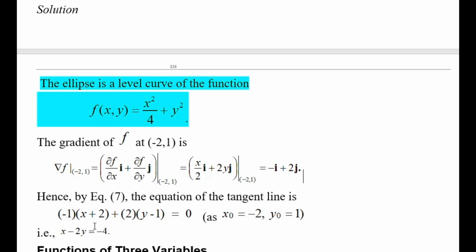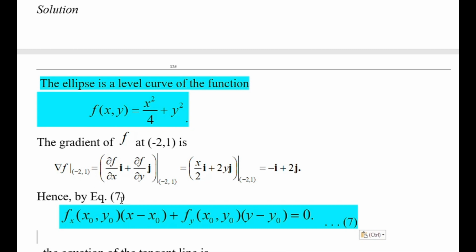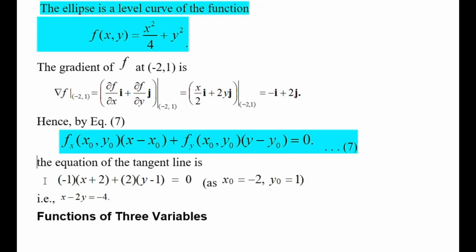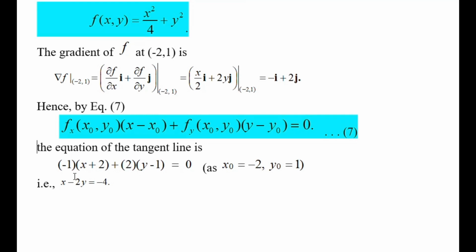If we use this equation, we get -1 times (x plus 2), because x0 is -2, so x minus -2 is x plus 2, plus 2 times (y minus 1), because y0 is equal to 1. It simplifies to x minus 2y is equal to -4.